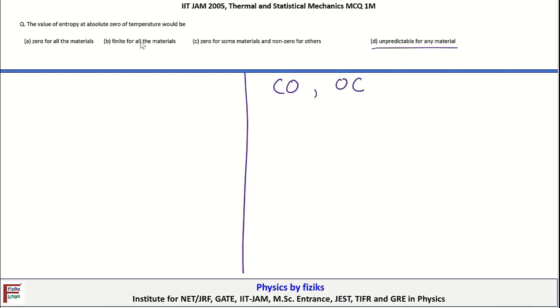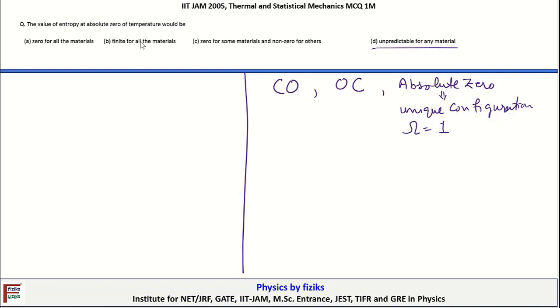So if we consider a situation at absolute zero where the system acquires a unique configuration, in that particular situation the number of microstates which are accessible to the system is only 1.